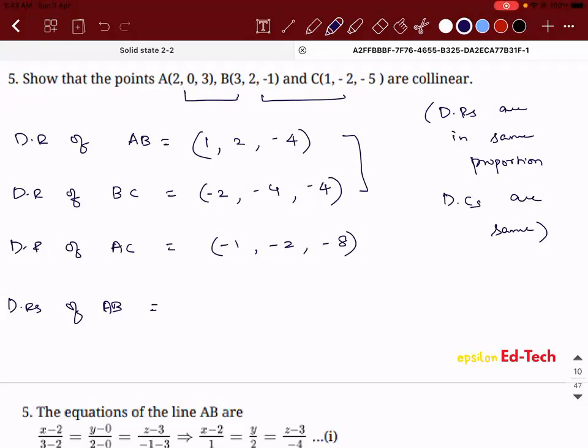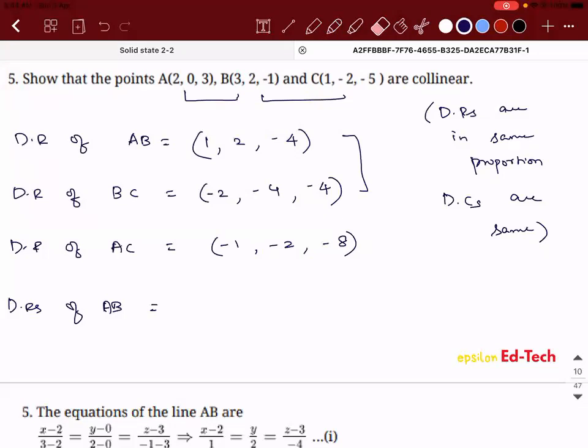DRs of AC. AC is minus 1, minus 2, minus 8. Correct only. Then they should be in the same proportion. Okay, let's try it.